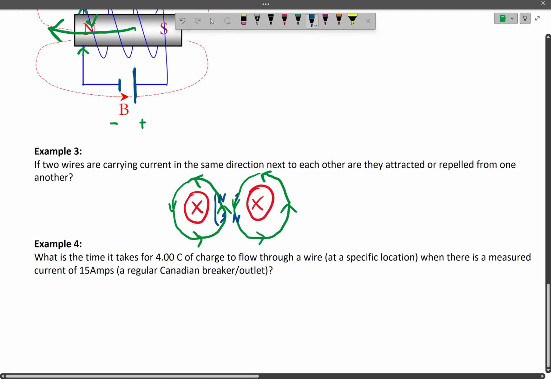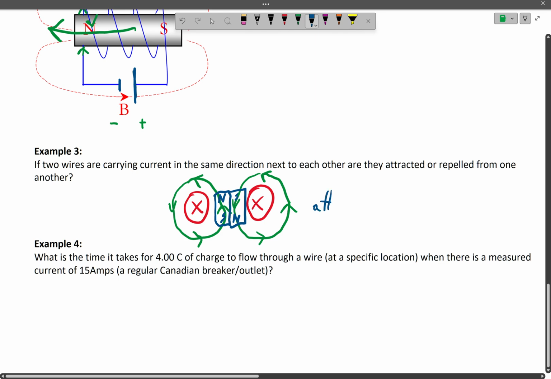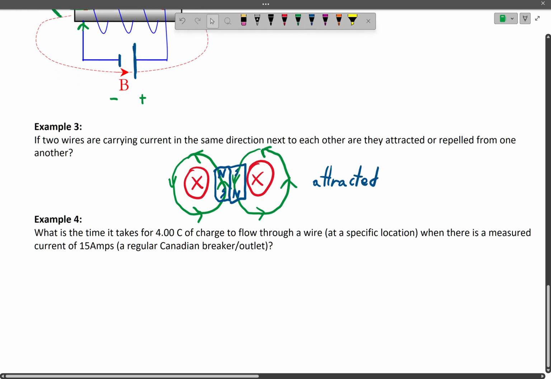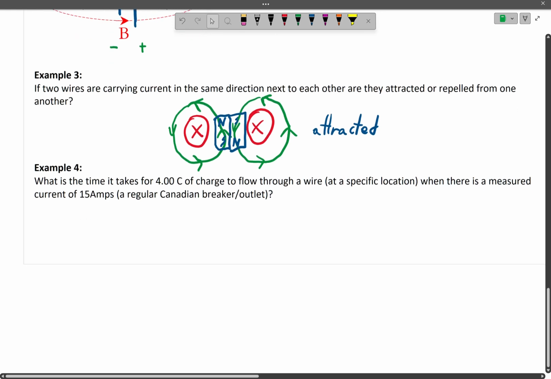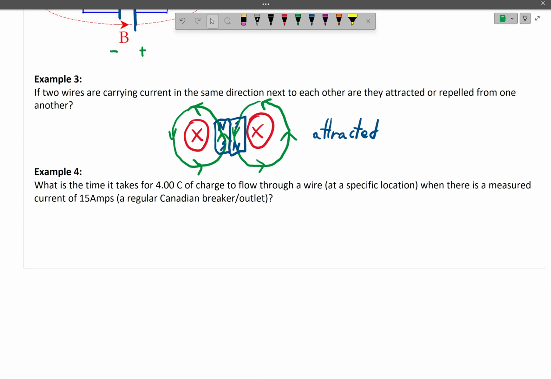Kind of confusing to word that. But essentially, you can see that the two sides are going to be opposite. And so they're for sure going to be attracted to each other. Okay, so if they're carrying current in the same direction, they're going to be attracted. If they're carrying current in the opposite direction, they're going to be actually repelled from each other.